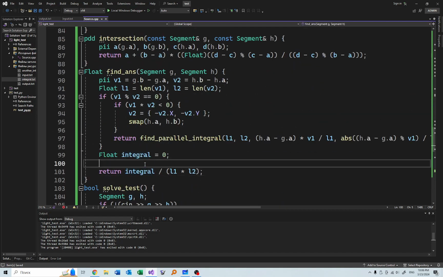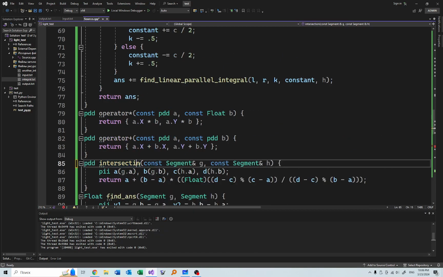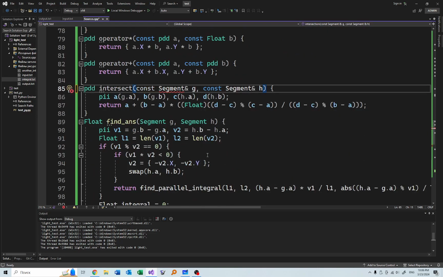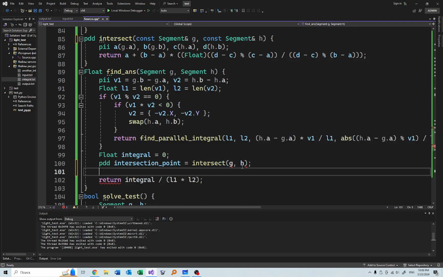Okay, now let's make an intersection point, which is intersect G and H. So if intersection point.